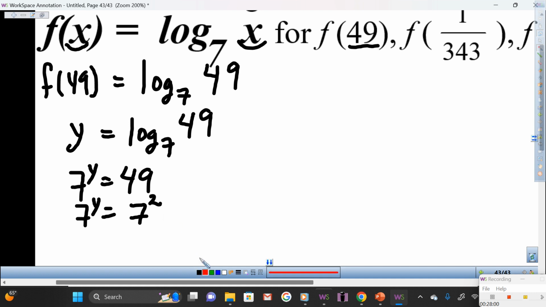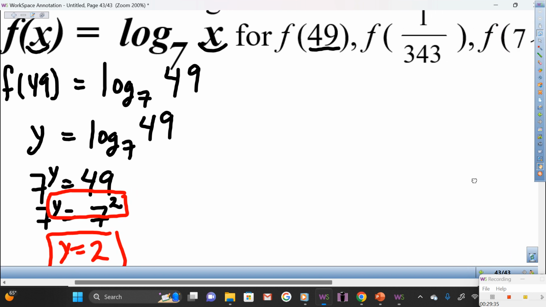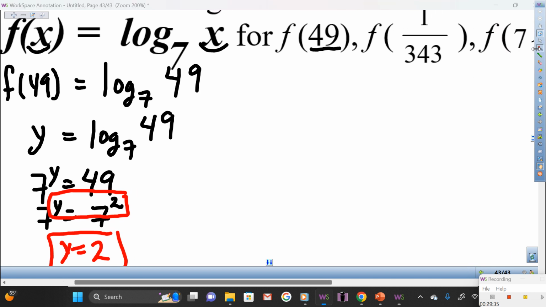Yeah, because 7 times 7 is 49, and at the end, solve. So the answer: y equals 2. Copy that, please. All right. So, now that I walked you through the process of one, let's do the other one together.